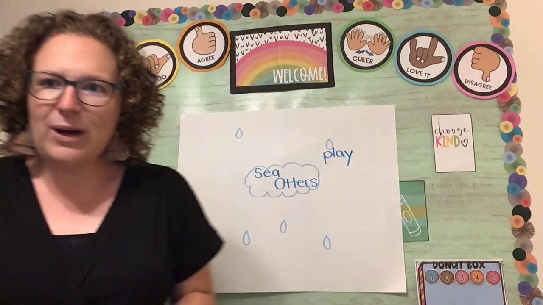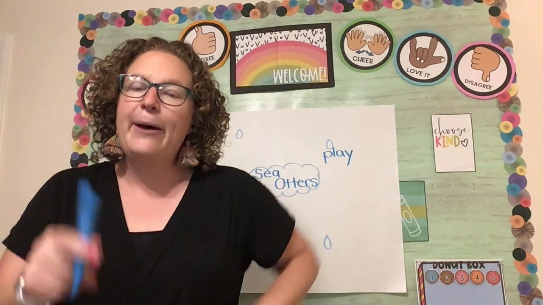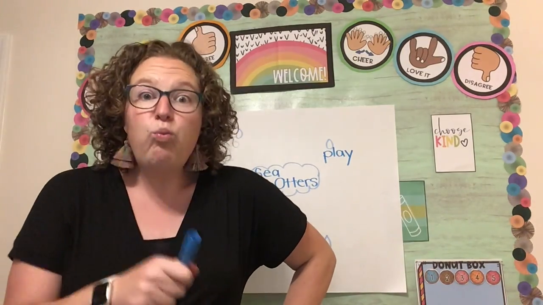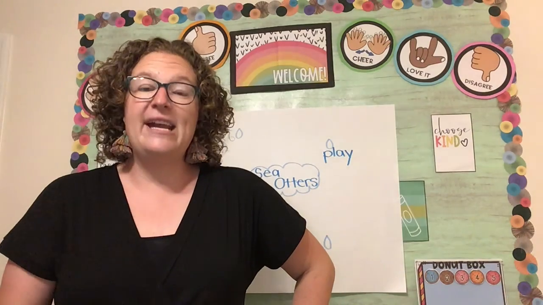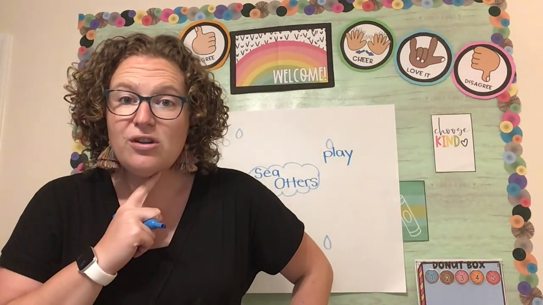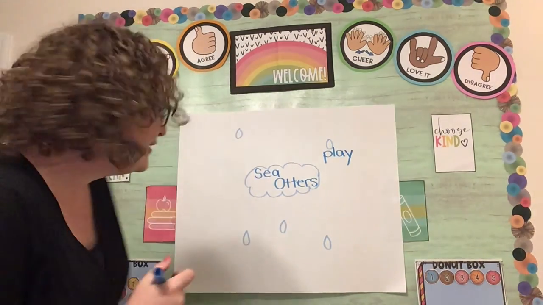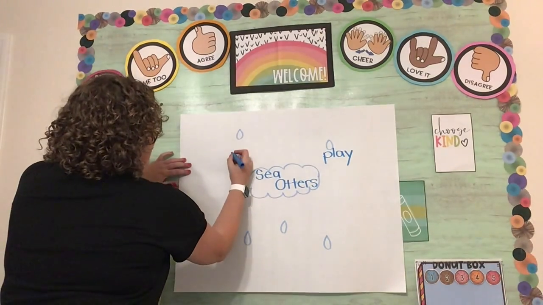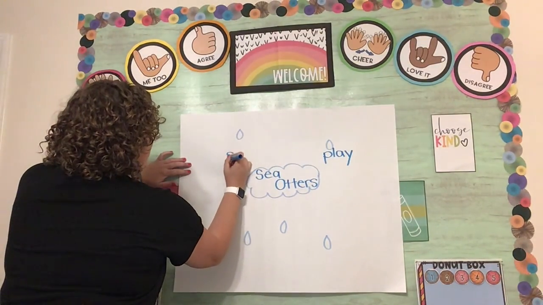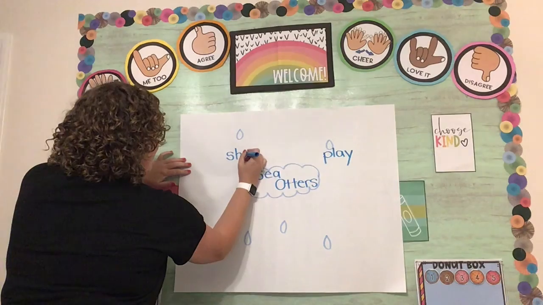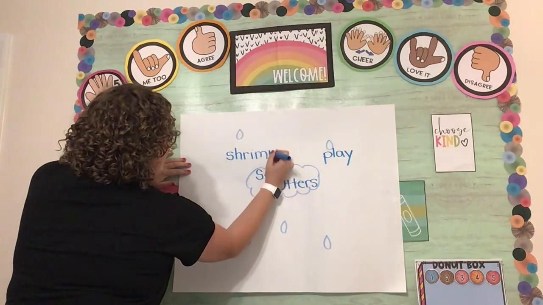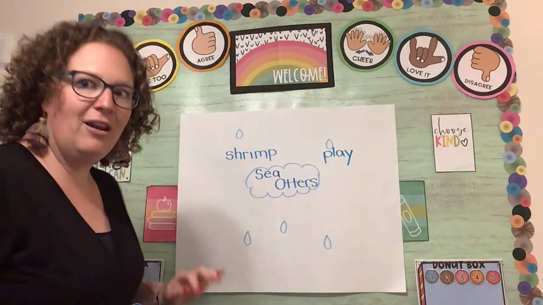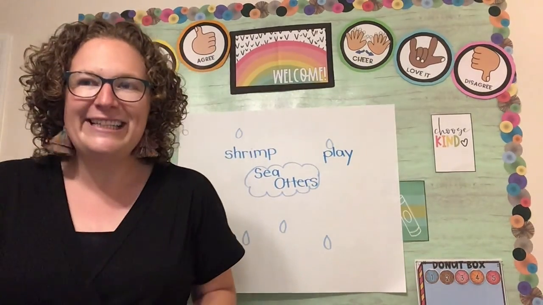Alrighty. What's something else? Oh, here's one. What's something else that they eat that starts with sh? Yes, shrimp. They eat shrimp. Shrimp. Such a long word for something so teeny tiny.